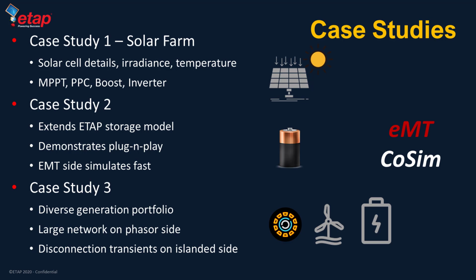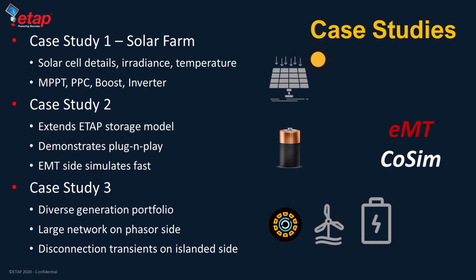The second case exemplifies a storage system which is not available from typical ETAP phasor domain libraries. Therefore, eMTCoSim can be said to extend ETAP libraries by allowing the use of elements available exclusive to the electromagnetic transient domain. This example also demonstrates plug and play, where different teams focused on different domains.